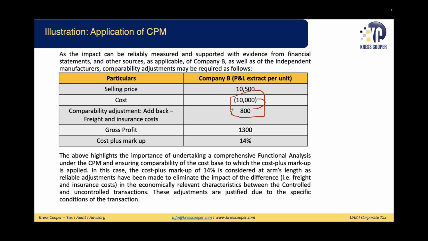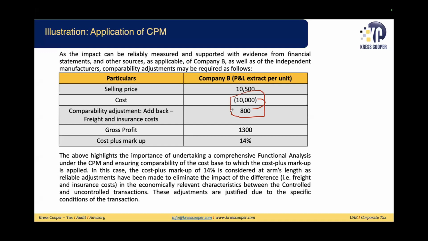The selling price is 10,500. Now my margin is 1,300. This is GP, cost plus markup. The percentage comes to 14%, which is the same as our competitors, the players in the same industry, same market, similar product, similar circumstances, same size, same quantity. Their margin is 10 to 16%.